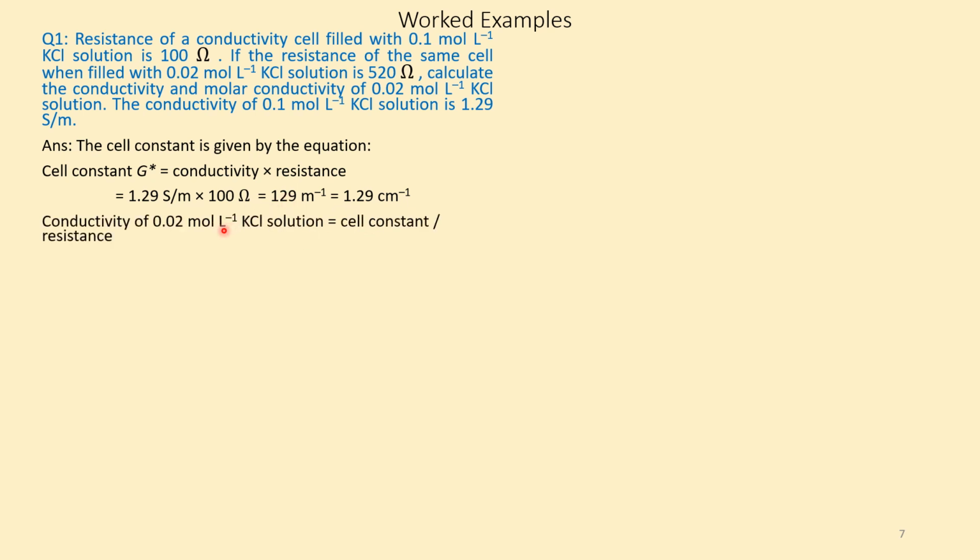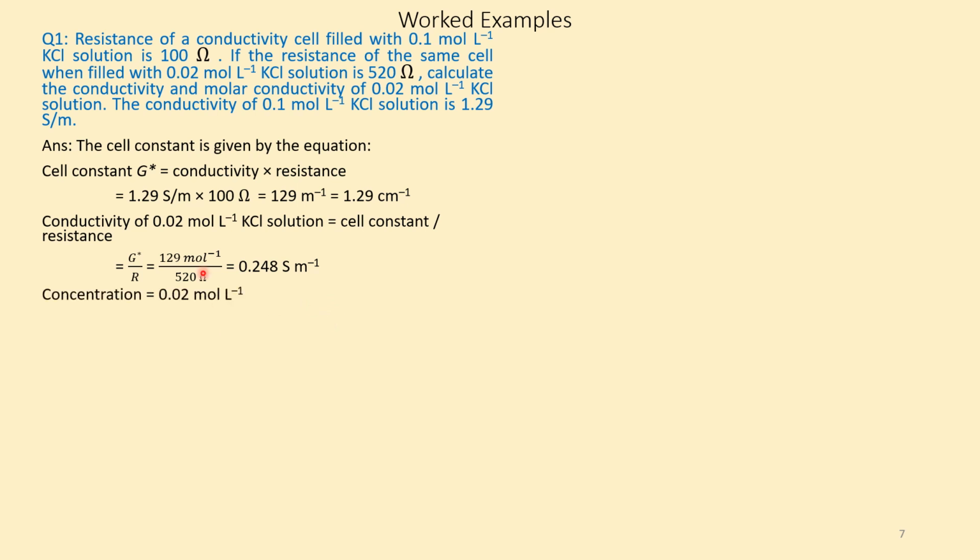So the conductivity of 0.02 moles per liter KCl solution is given by cell constant divided by resistance, that is G star by R, where G star is the cell constant. That is equal to 129 divided by 520, which is equal to 0.248 Siemens per meter.